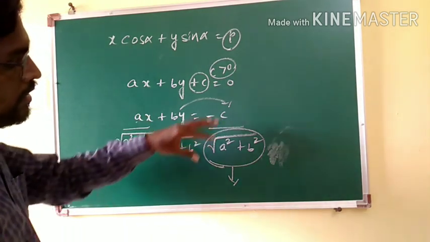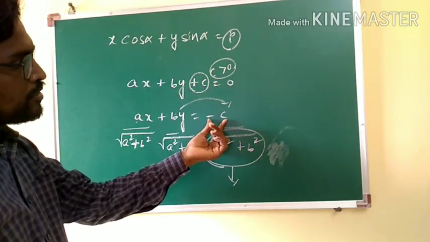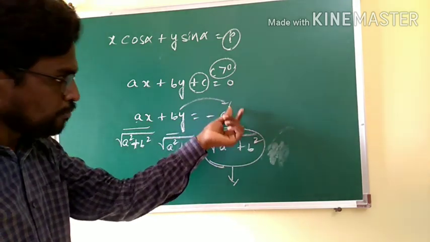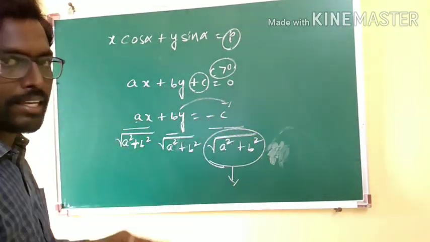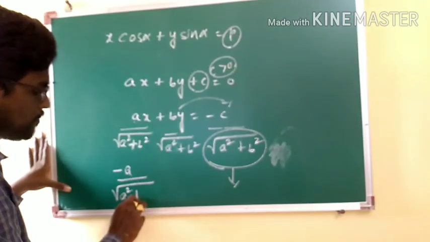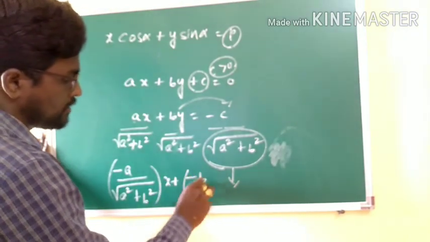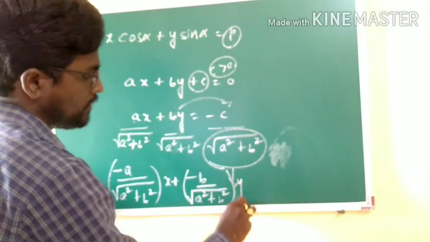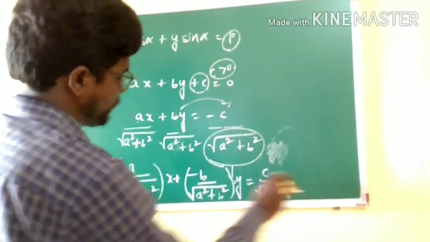What I said, the outcome should always be positive, means on transposing this plus c to the other side I will be getting minus c, and hence I should make this positive so I will be multiplying the entire equation by minus. Therefore, what will I get? Minus a by root a square plus b square into x plus minus b by square root of a square plus b square into y is equal to c by square root of a square plus b square.